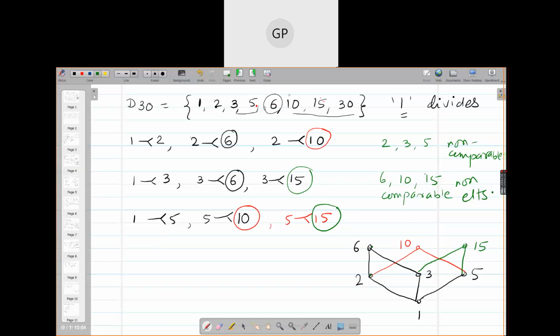So 6 is covered by 30. 6 divides 30. Then 10 is covered by 30, and 15 is also covered by 30. That means 30 covers all of them, and therefore 30 will be at the upper position than 6, 10 and 15.